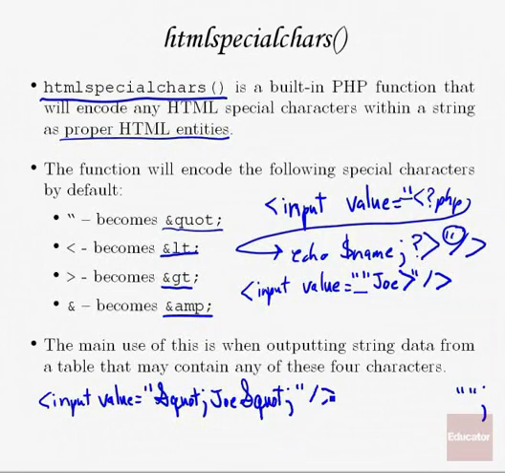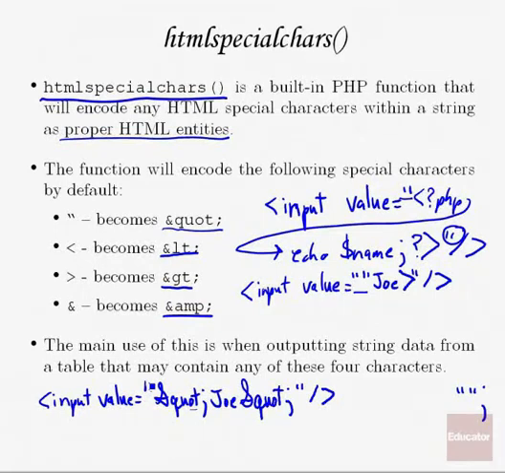When your browser interprets this HTML, it knows how to interpret these HTML entities, and it knows that when it encounters an ampersand followed by quot followed by a semicolon, it should just output a double quotation character, and it's not meant to be a character that's closing the attribute value. So if your string data contains these types of characters, you're going to want to escape them, or turn them into these HTML entities, so that they're properly interpreted.